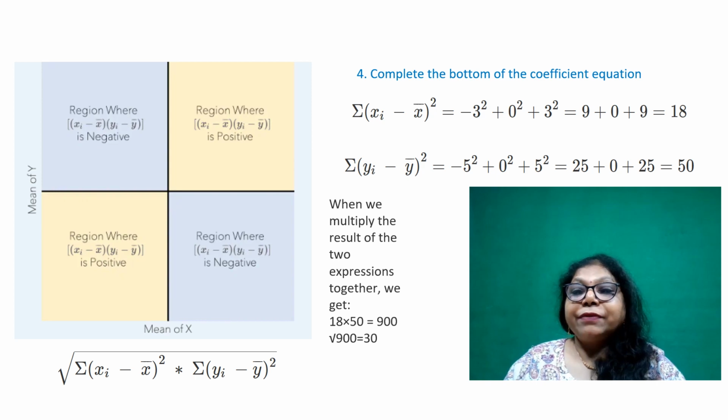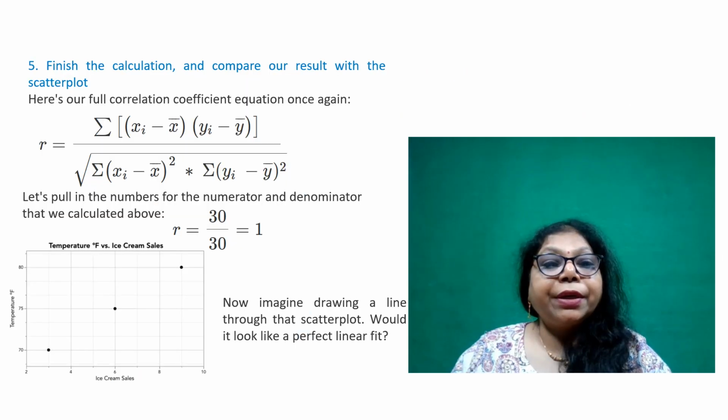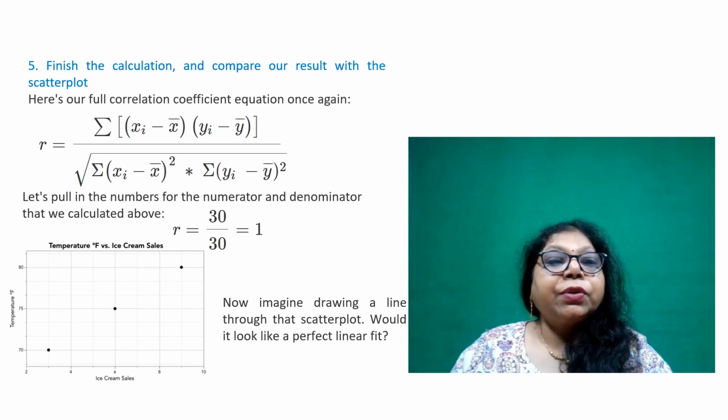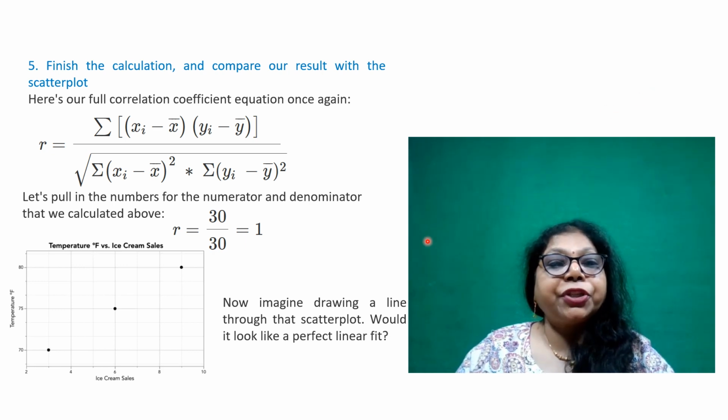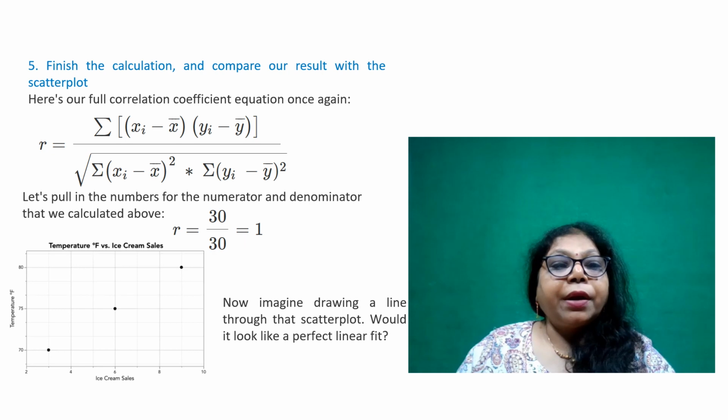Now, as we have already calculated, the numerator was 30 and the denominator is also 30. We can compare this with the scatter plot also. If we join the points, it is a straight line, so it shows a perfect correlation. So as we can see, R is 1. This shows perfect correlation between ice cream sales and hot summer days.